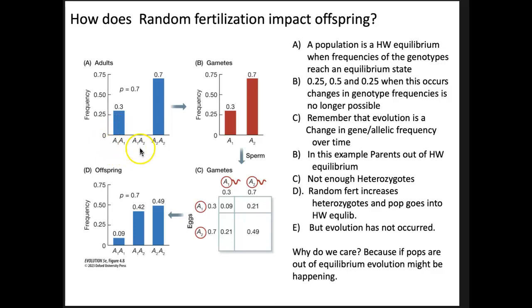And then we have our A sub 1, A sub 2, those are our heterozygote individuals. And then we have our A sub 2, those are our homozygous recessive alleles. And you can see that on top of each of these blue lines, we have the frequency. So you'll also notice that in this adult parental population, we don't have any heterozygotes. And so this particular population is out of Hardy-Weinberg equilibrium.